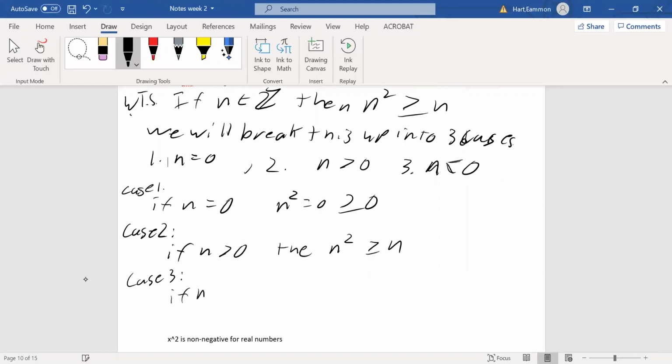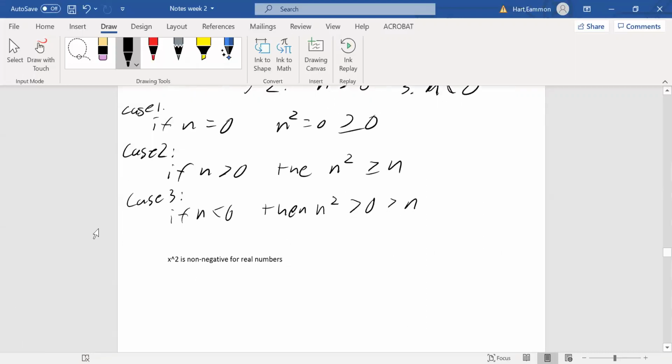If n is less than 0, then n squared is going to be greater than 0, which is also greater than n, because n is negative. So it holds in all 3 of these cases.